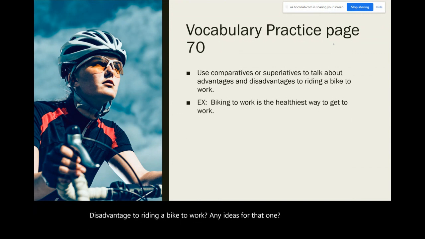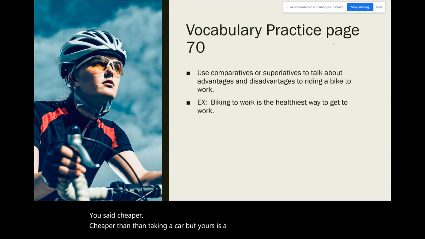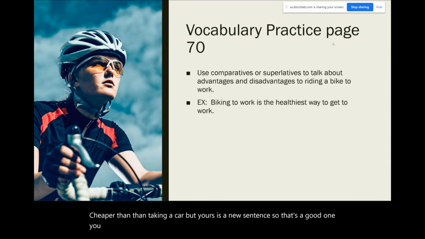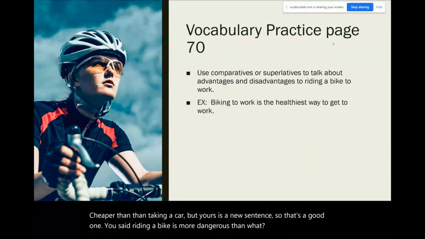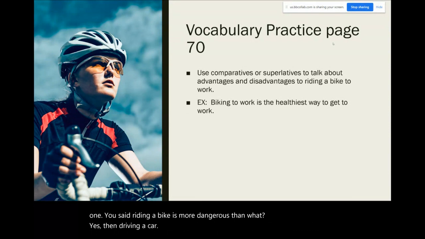No, we said riding a bike is, you said cheaper than taking a car. But yours is a new sentence, so that's a good one. You said riding a bike is more dangerous than what? Than driving a car. Yes, than driving a car. More dangerous than driving a car. That's a good example. Yeah.